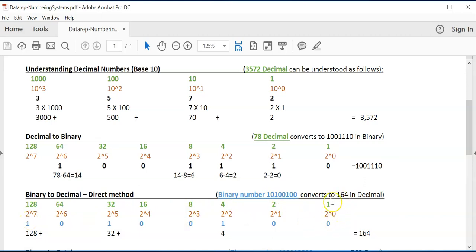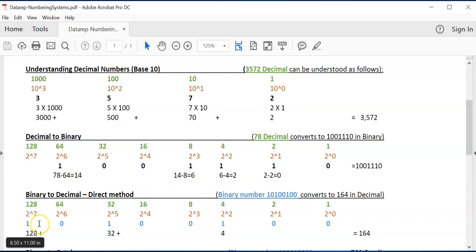And then we write the answer. So 2 to the power of 0, anything to the power of 0 is 1. 2 to the power of 1 is 2. 2 to the power of 2 is 4, and so on. So really we're saying 1, double, 2, 4, 8, 16, 32, 64, and 128.